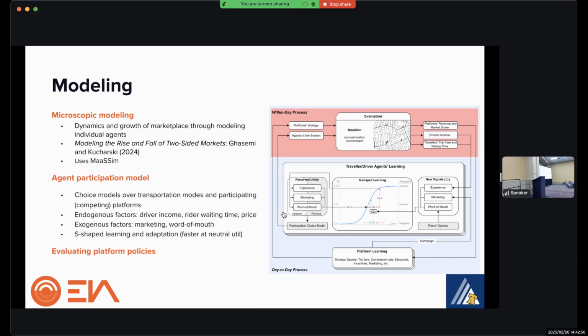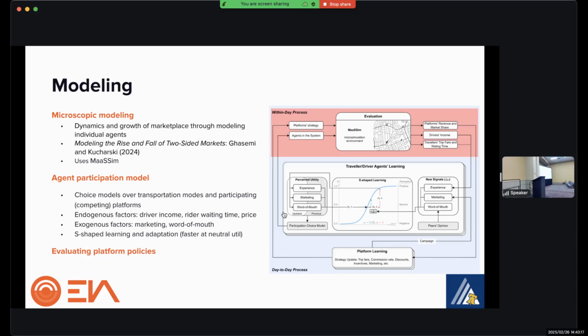It develops the agent participation model, basically a choice model over transportation modes and participating and competing platforms. So it models the choices of the participants, the riders and drivers, or other types of agents, and their willingness to participate in this particular marketplace.